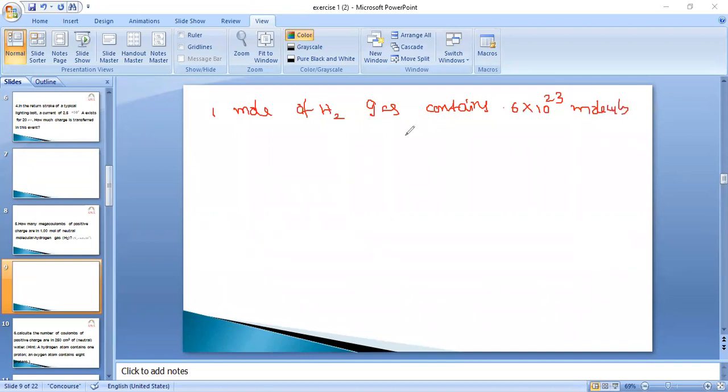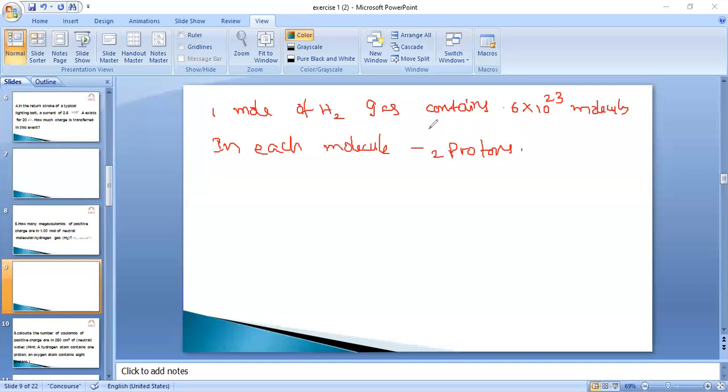And in each molecule, how many protons are there? It is given H2. In 1 hydrogen atom there will be 1 proton. H2 means the molecule contains 2 atoms, so it contains 2 protons. So in each molecule there will be 2 protons.